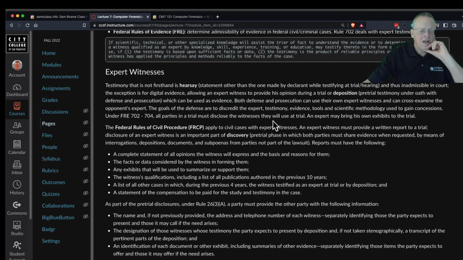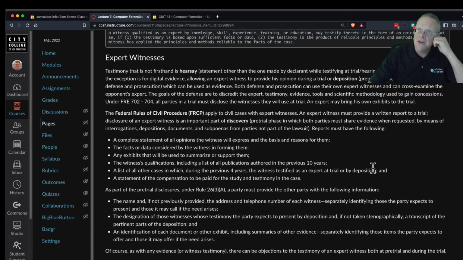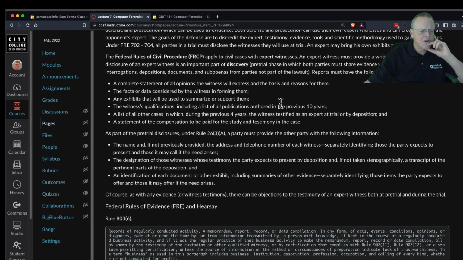All right. And the expert witness is the special kind of witness whose opinions become evidence. Other witnesses, their opinions are not evidence, but the expert witness has an expert opinion, which can be treated as evidence to the extent that you trust that expert. All right. So the rules of civil procedure.